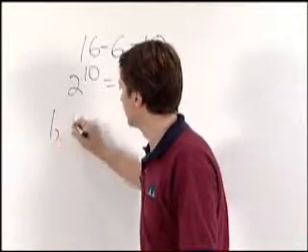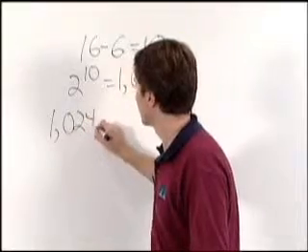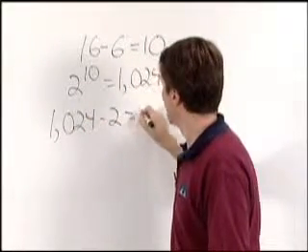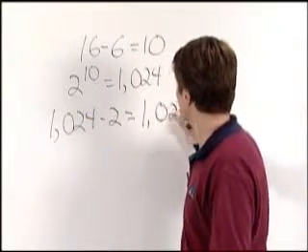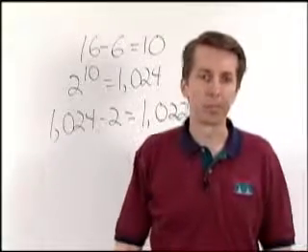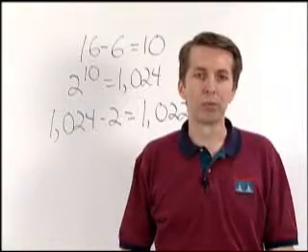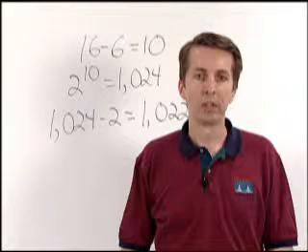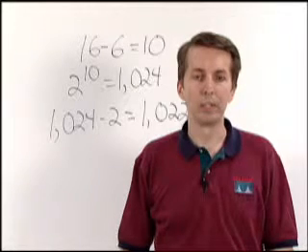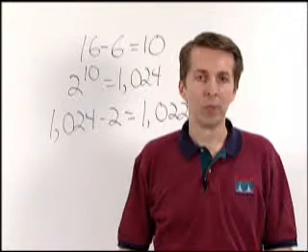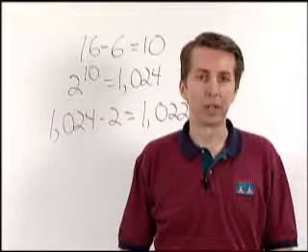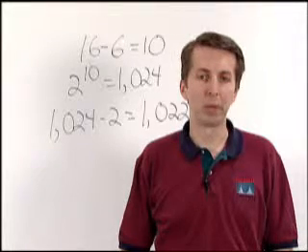So 1,024 minus 2 equals 1,022 hosts per subnet. This gives us a little bit of room for growth in the hosts per subnet, since in this scenario we only needed 1,000.